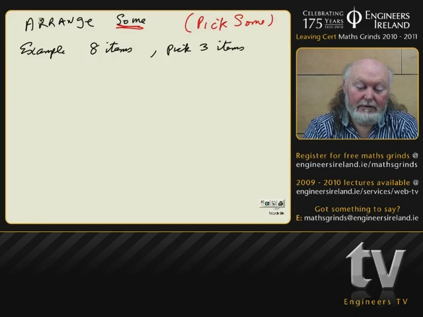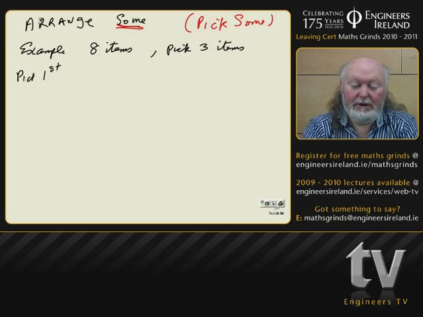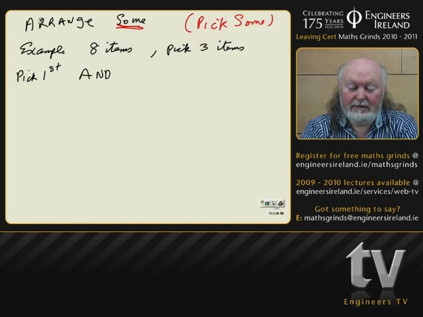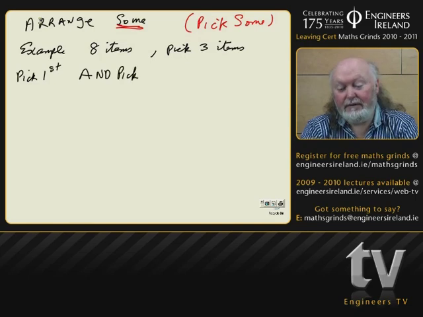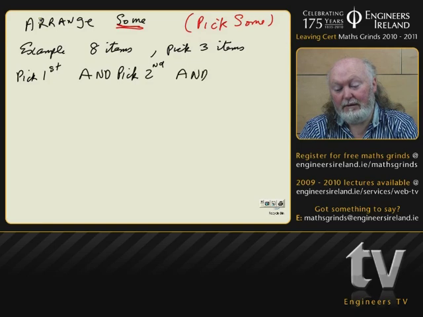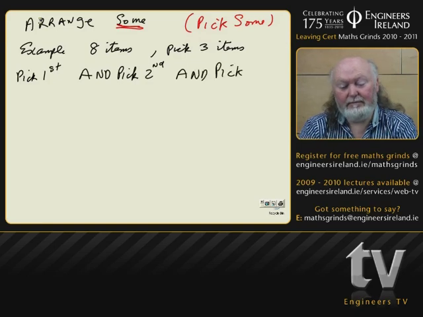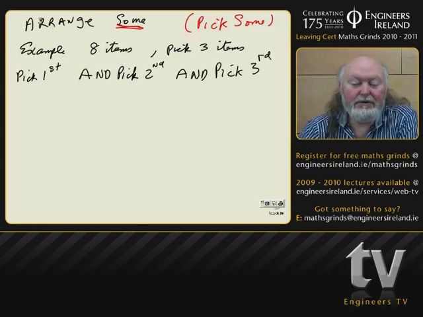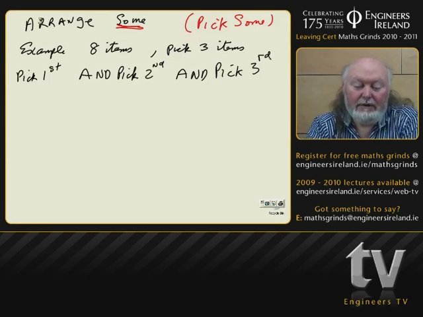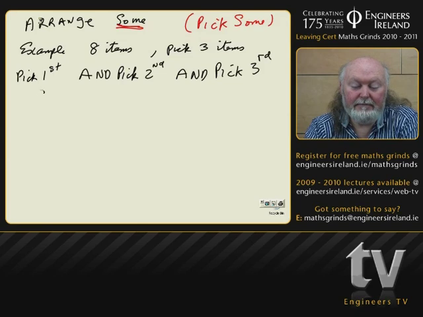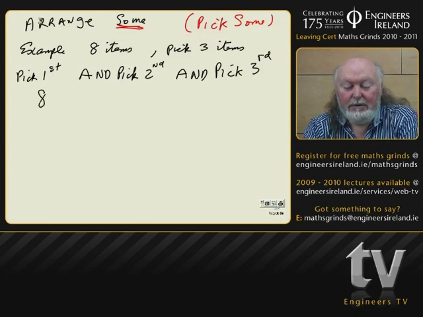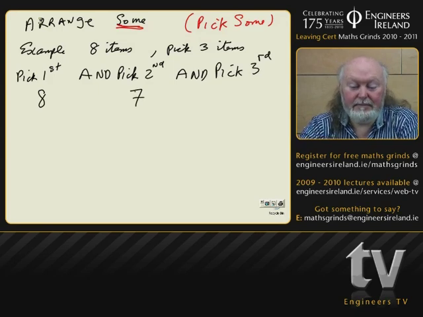For the first, we're going to pick the first, and then we're going to pick the second, and then we pick the third. In picking the first one, we've got 8 possibilities. To pick the second one, we have 7 possibilities, and to pick the third one, we have 6.